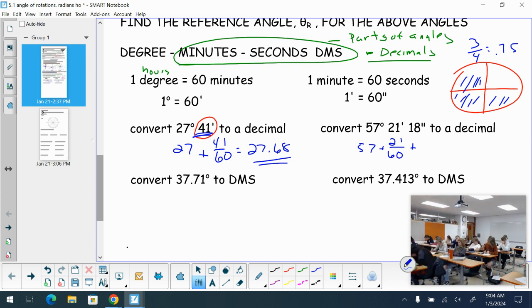So we have 18 divided by 3,600. In my calculator, I type 57 plus 21 divided by 60 plus 18 divided by 3,600. You can type it in as is; your calculator will follow the order of operations for you. Seth, what do you come up with? 57.355.